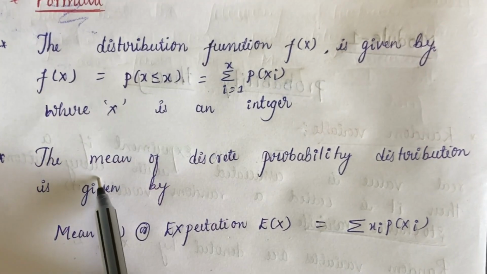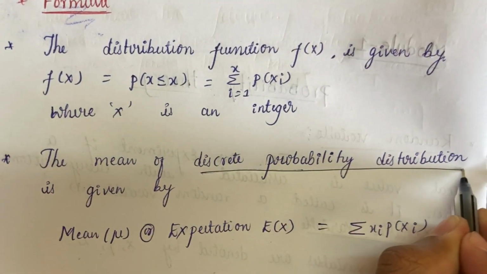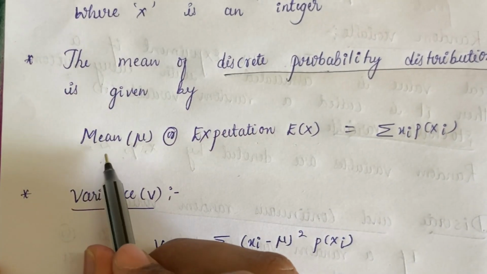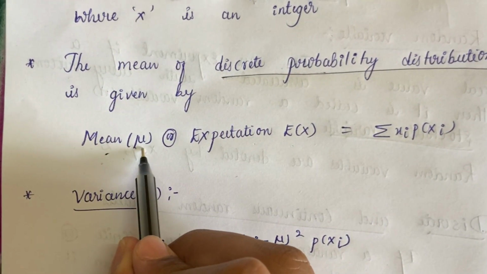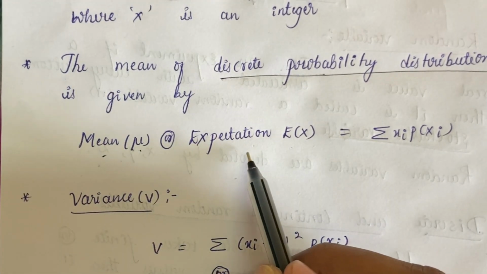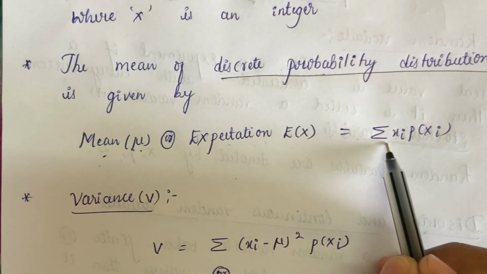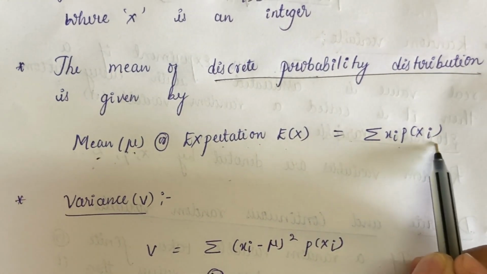For finding the mean of a discrete probability distribution, the mean is represented by mu, and we can also call the mean the expectation, which equals the summation of xi p of xi.